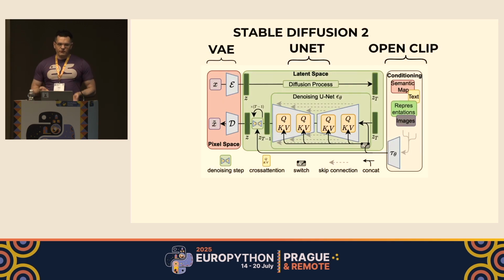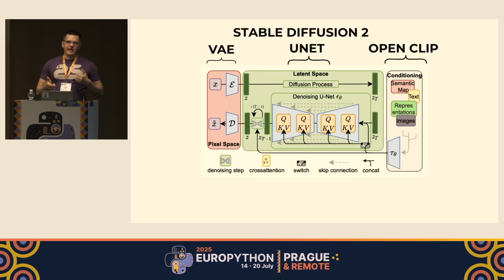So vanilla Stable Diffusion has three main components. It has the UNet here, which does the denoising process. It has a variational autoencoder, which basically takes an underlying image, reduces it to a smaller matrix, into a latent space, and then eventually reconstructs it.